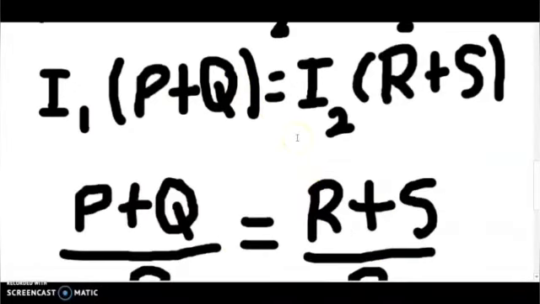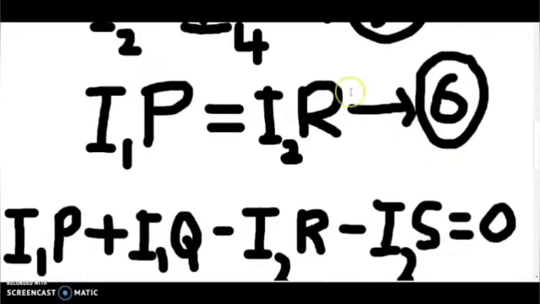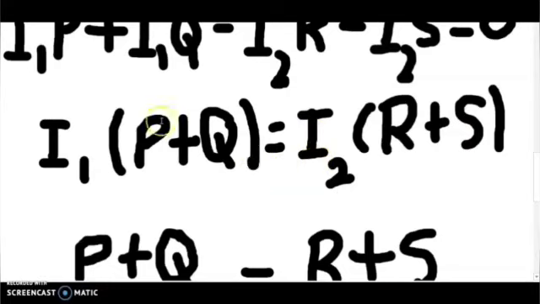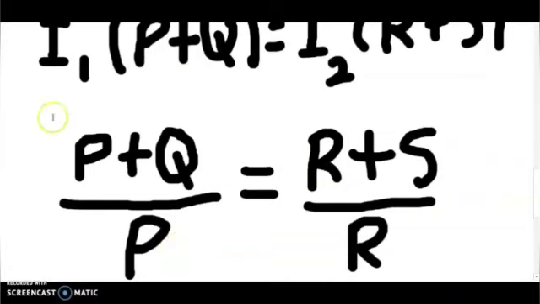Now we divide the equation I1 into P plus Q is equal to I2 into R plus S by equation 6, that is I1P is equal to I2R. We get I1 into P plus Q divided by I1P is equal to I2 into R plus S divided by I2R. So I1 will cancel, and I2 will also cancel.